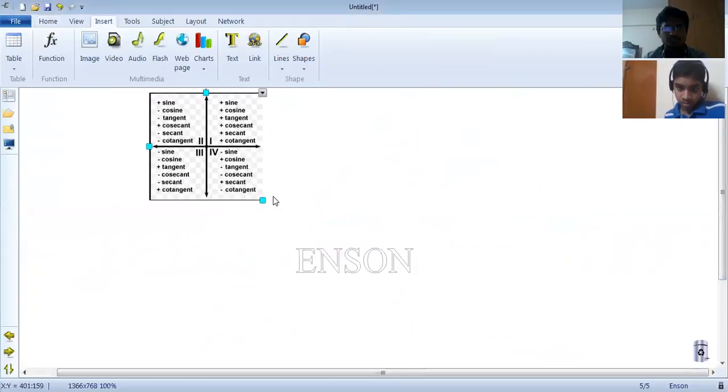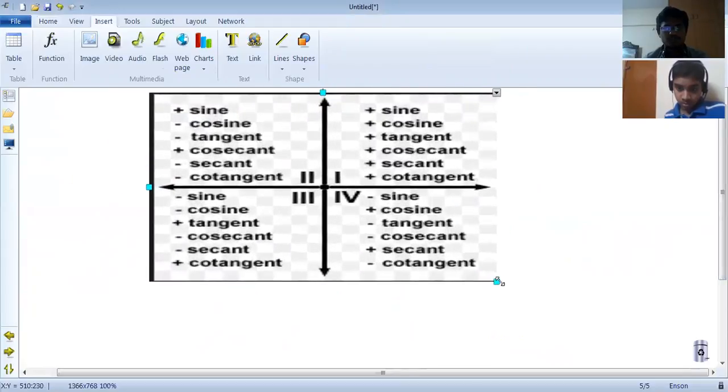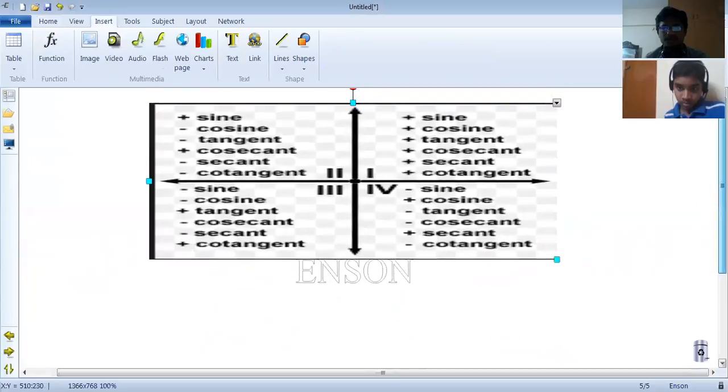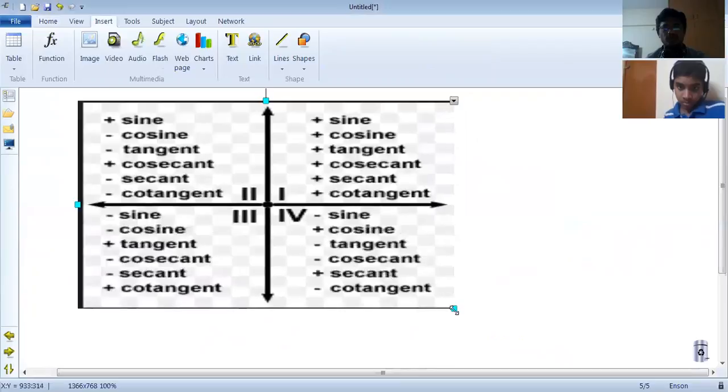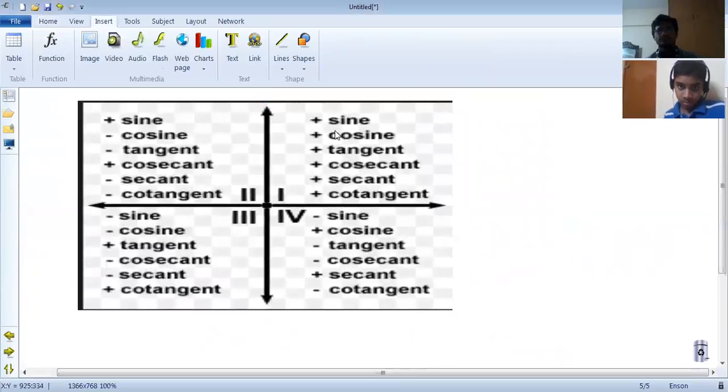This is the perfect representation of the positive and negative values with respect to quadrant. In the second quadrant, sine and cosecant will be positive.